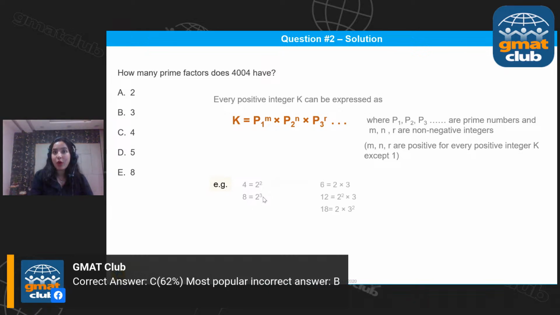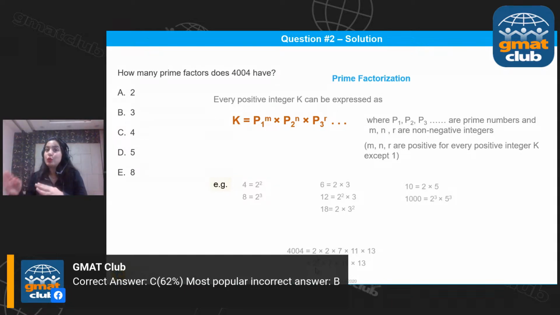That's the number of prime factors. 6 has 1 2 and 1 3. 12 has 2 2's and 1 3, and so on. So these are the prime factors that these numbers have. Now, with this logic, if I use this on 4004, I do the prime factorization here, you will see that it has a 2.